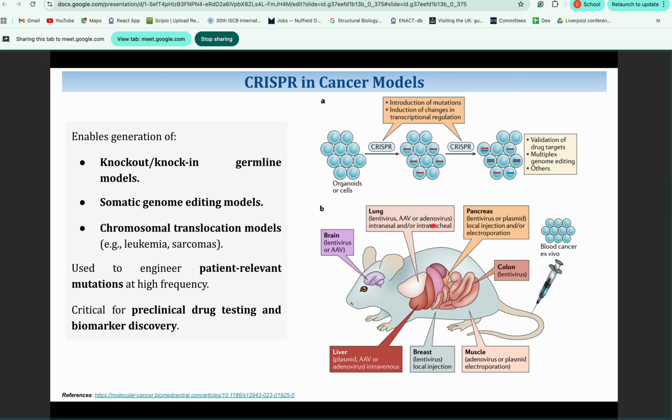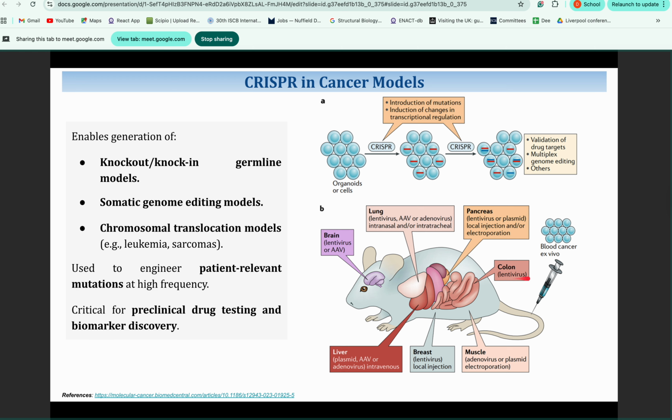Now this figure tells you about the brain. We can use lentivirus or AAV for the delivery. For the lung also, adenovirus and lentivirus can be used, and intranasal and intratracheal delivery can also work here. For the pancreas, we can go for lentivirus or plasmid, or we can also go for local injection or electroporation.